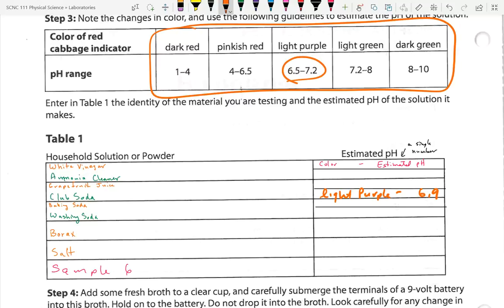Now, you would not do the next thing I'm going to do. You would now dump it out, rinse it out, put some more in, and go on. But I am going to see what happens when I put borax in, because that's the one that's open. Put a little borax in. So I put the borax in, and I think you have too much liquid for how much you're putting in.